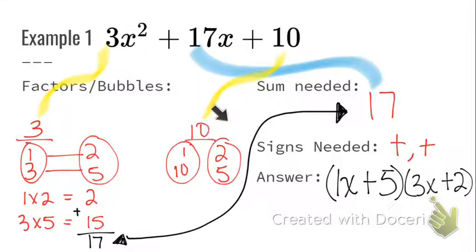The bubble from 10 that matched up correctly was 2 and 5. So you can see how I multiplied between my bubbles and got a sum of 17. I wrote my answers as 2 binomials as a multiplication problem, matching up my factors from my bubbles correctly.